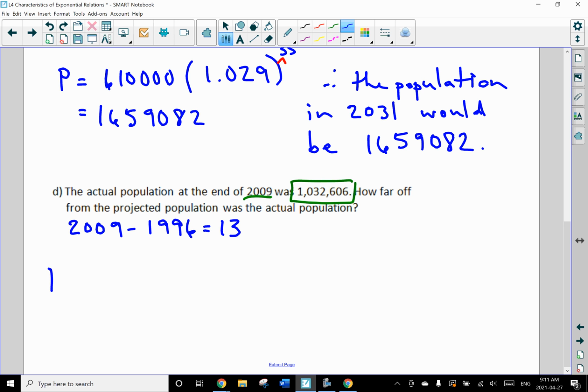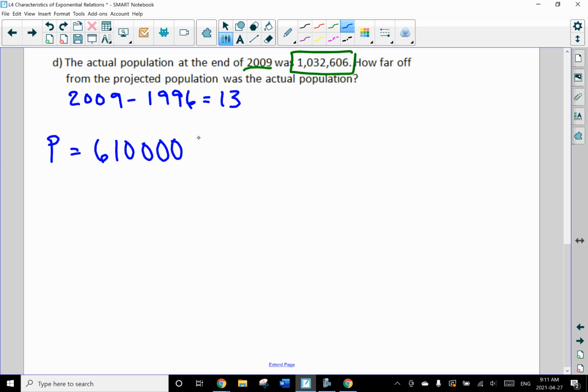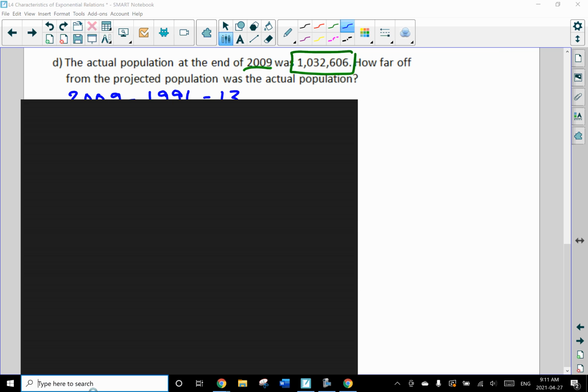Let's use our population equation. 1.029 raised to the 13. Let's calculate what it was supposed to be based on that estimation, based on that formula. Raised to the 13.